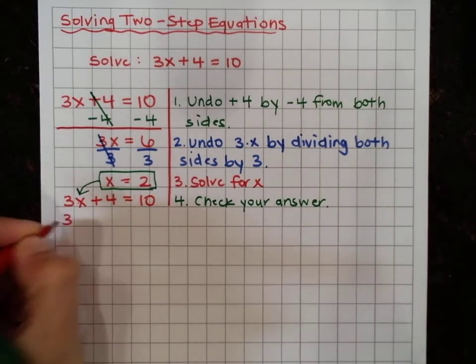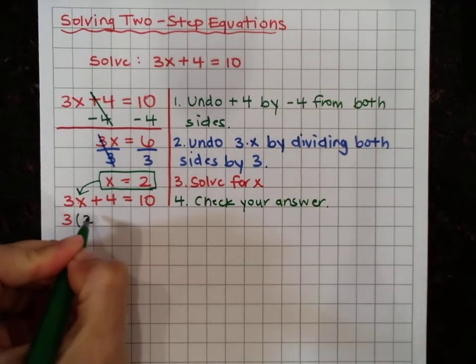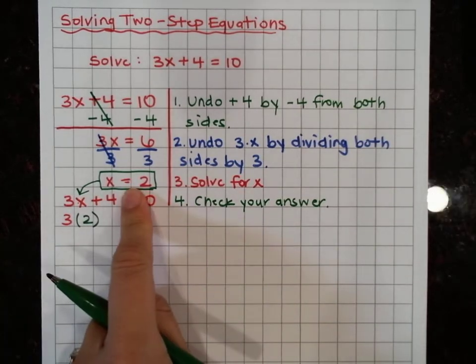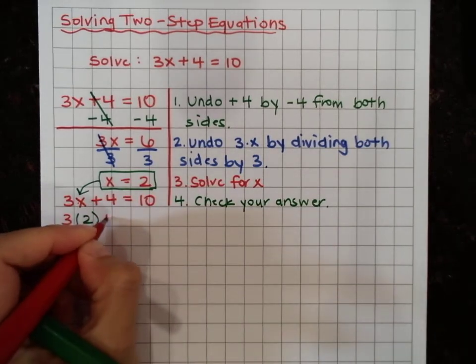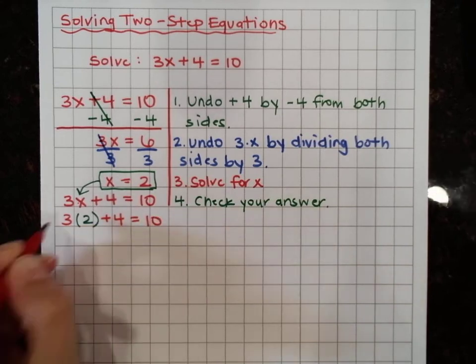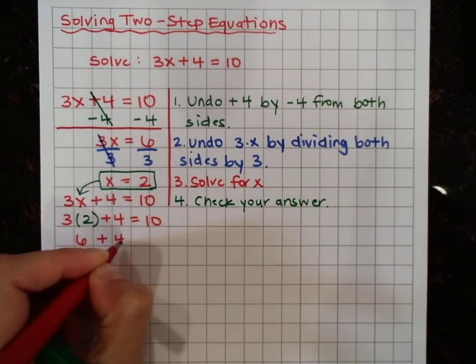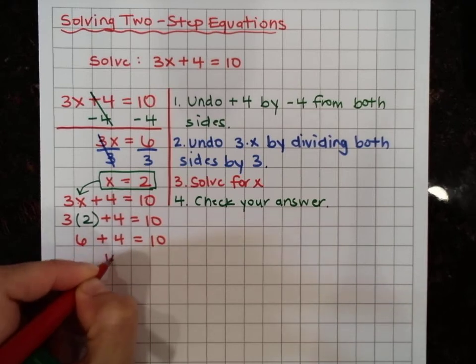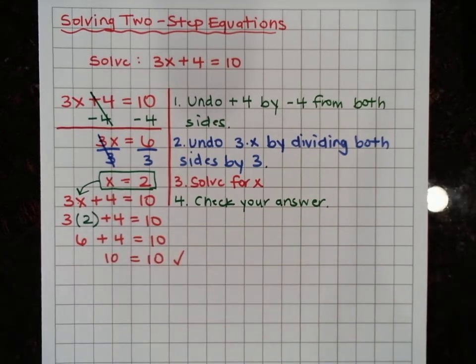So we have 3 times, we now know x. We think x is 2. That's what we got when we solved. So we're going to go back and check our work. Plus 4, does that equal 10? Well, 3 times 2, that is 6. 6 plus 4, does that equal 10? 6 plus 4 is 10, and 10 equals 10. So we know we did it correctly.